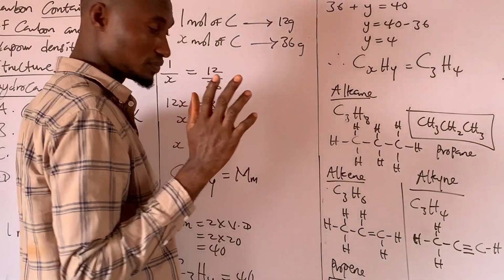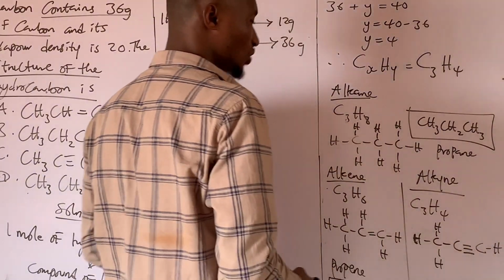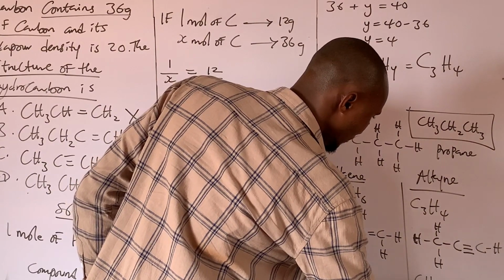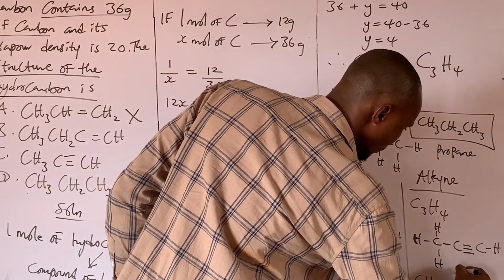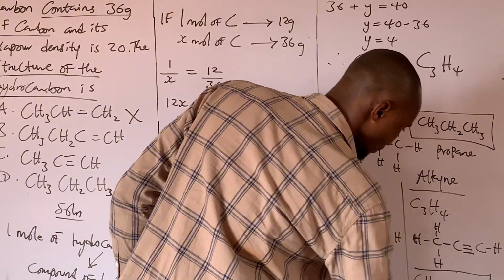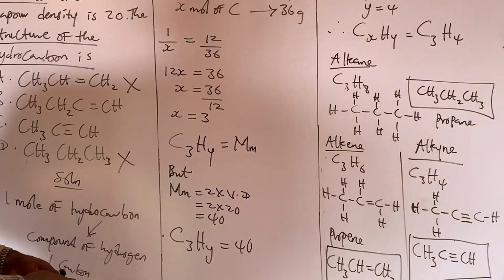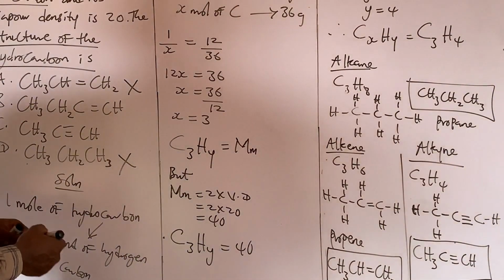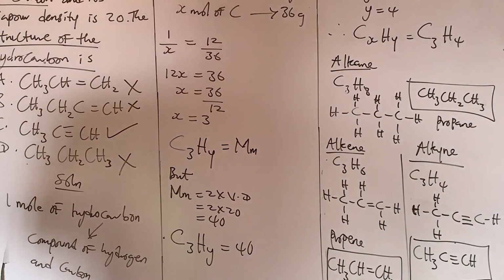It corresponds. How many carbon? 3. 1, 2, 3. Now the condensed form is CH3, C triple bond, CH. Now do you have this here? C. The answer is C. The answer is what? C. Now look at this very well.